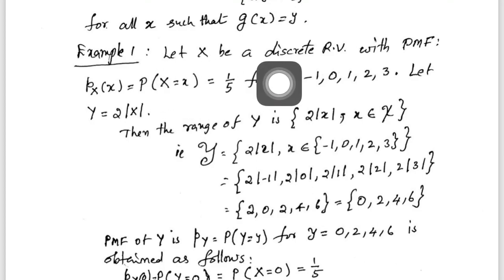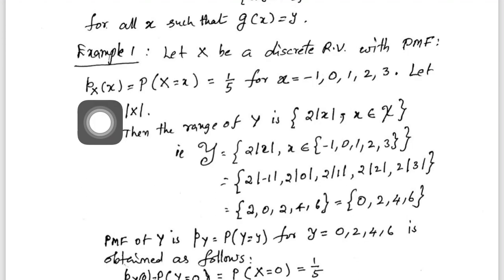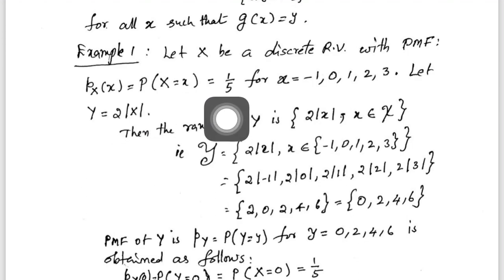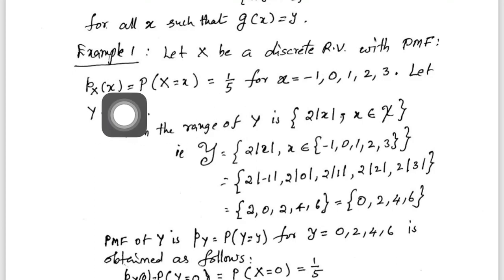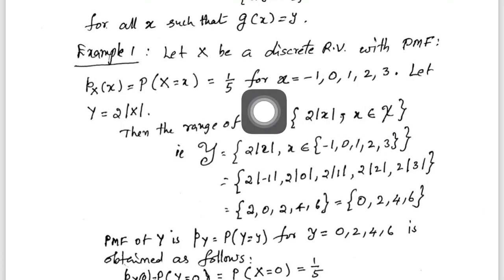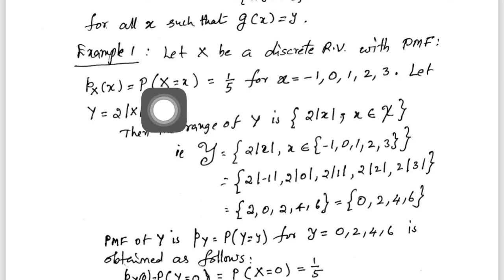Let X be a discrete random variable with the probability mass function p of x equal to the probability that X equals x, which is 1 by 5. It is a uniform distribution actually, because for all x equal to minus 1, 0, 1, 2, 3, etc., the probability is the same, equal to 1 by 5. That is why I call it a discrete uniform distribution.